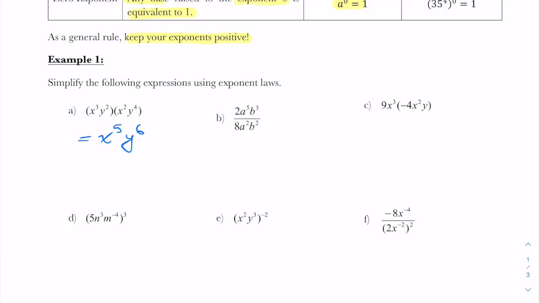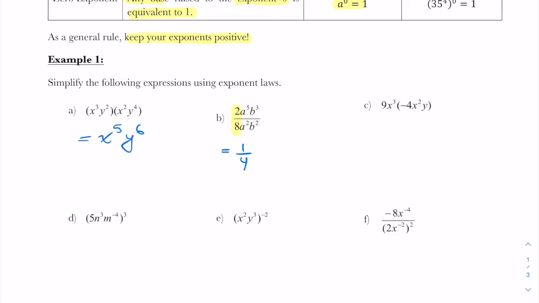Part B, now we're going to get some practice using the division rule. So what I like to do in questions like this is simplify coefficients, then simplify powers with the same bases. For example, I begin by looking at the coefficients. Here I have 2 in the numerator and 8 in the denominator. So that's going to reduce to a simplified fraction of 1 over 4.